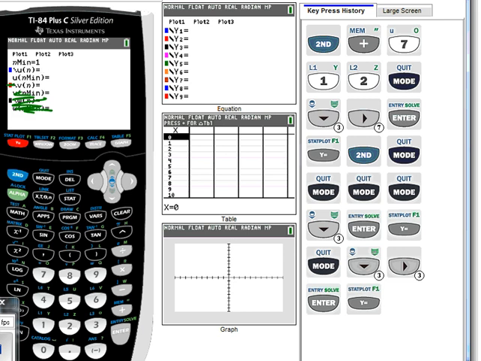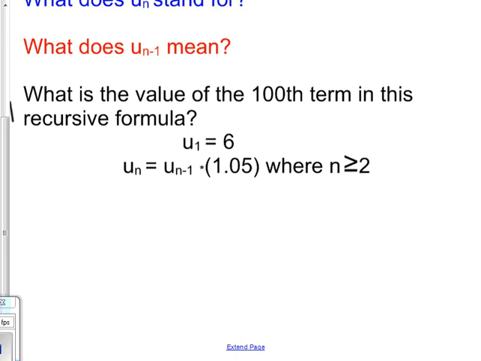The second piece here, we've got U, and then in parentheses, n. That is saying U sub n, because it can't do the subscripts, is equal to, and it looks a lot like our starting terms over here. U sub n is equal to U sub n minus 1.